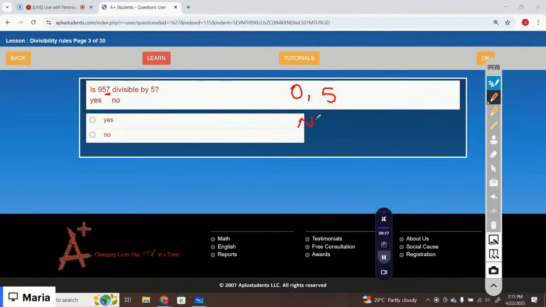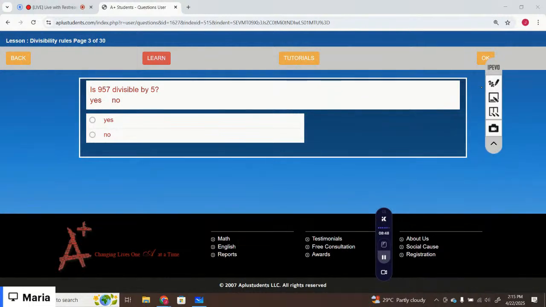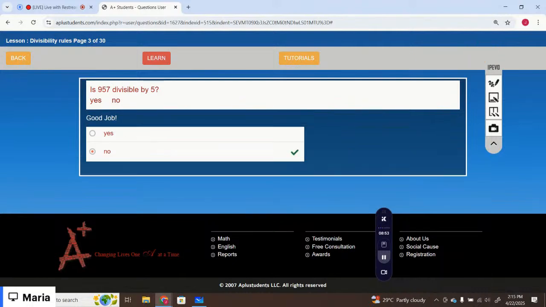So no, the number is not divisible by 5. That means 957 is not divisible by 5.